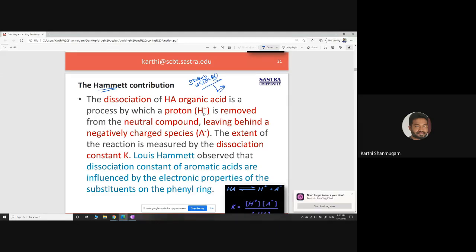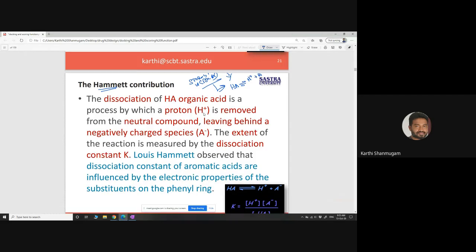This classification is mainly based on the tendency of the molecule to donate its proton. If this is the acid HA, and you put it in an aqueous solvent, and it dissociates into H+ and A-, and you get complete dissociation, then we can say that HA is a very strong acid.